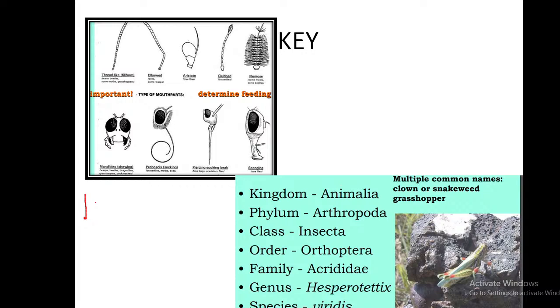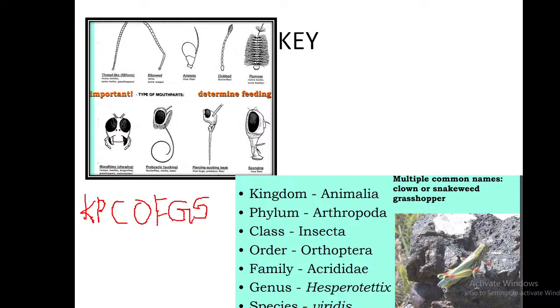Kingdom, phylum, class, order, family, genus and species. Let's classify an animal.